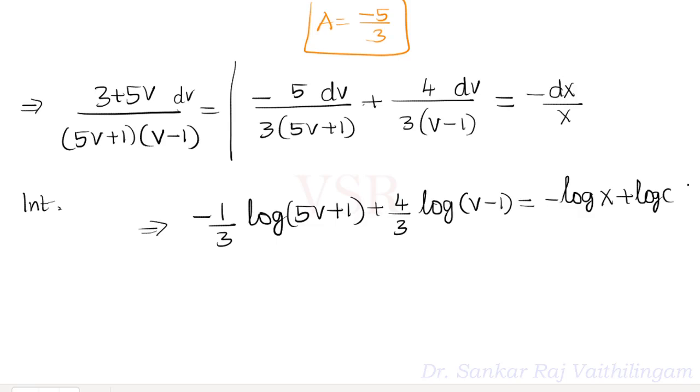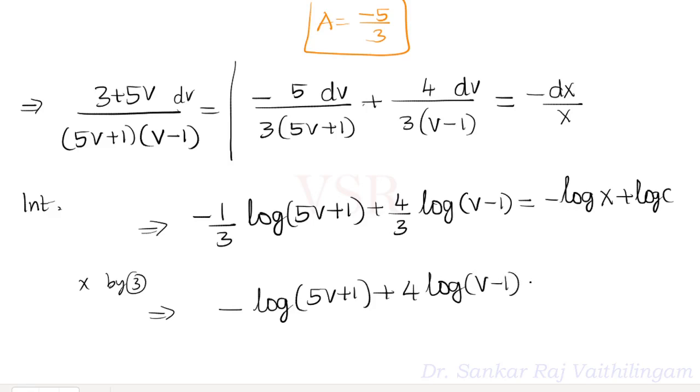Now let us multiply this whole equation by 3, so that the fraction does not come. Multiplying by 3, this implies minus log of 5v plus 1 plus 4 times log of v minus 1 is equal to minus 3 times log x, plus log c.